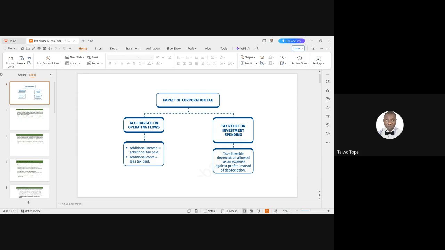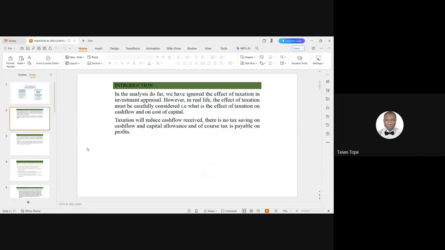Now, when we talk about tax on discounted cash flow, discounted cash flow after tax is a valuation method that calculates the present value of an investment's future income streams after accounting for taxes and the cost of capital.